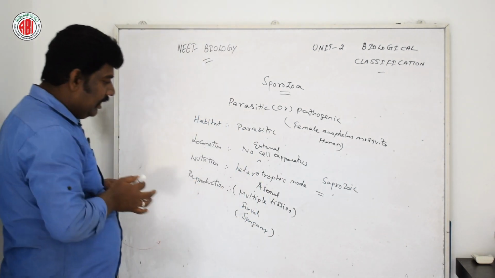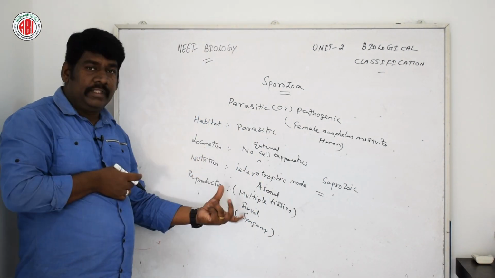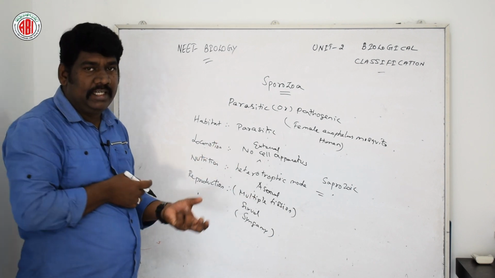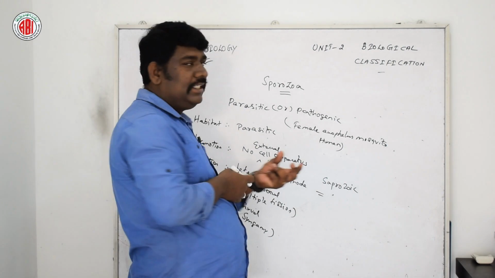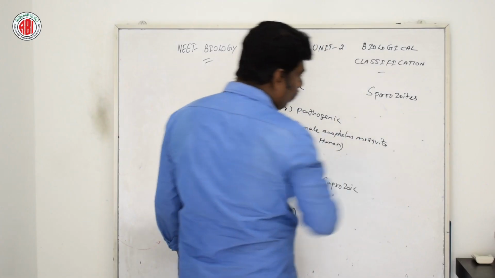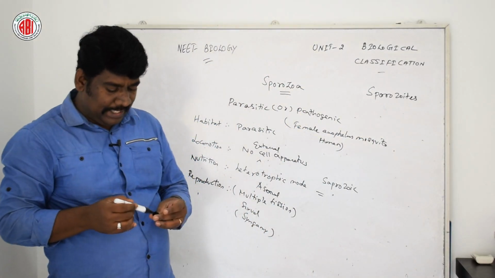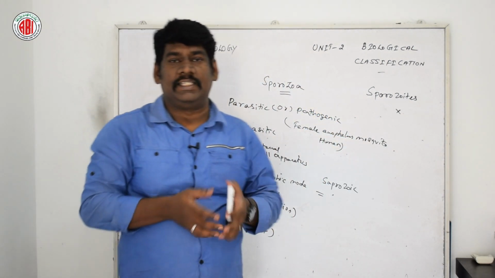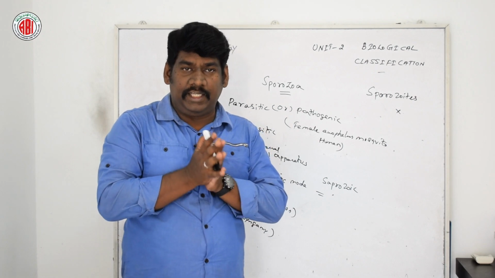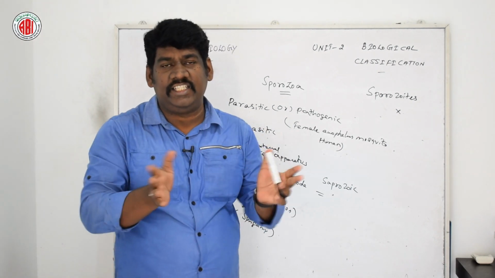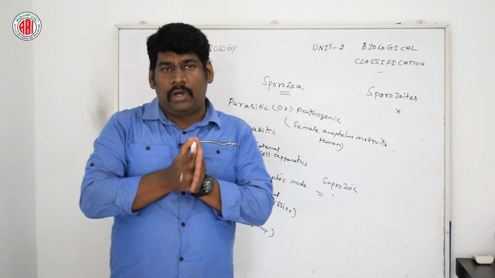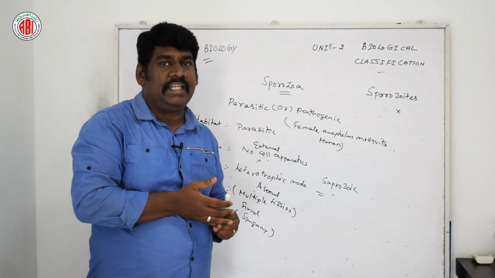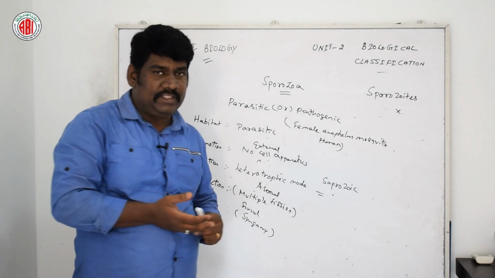That is the reason the organism forms specialized stages of the cell, and these specialized stages are called sporozoites. These sporozoites are haploid cells. The life cycle shows alternation of generations, and it may be a monogenetic or a digenetic mode of generation.